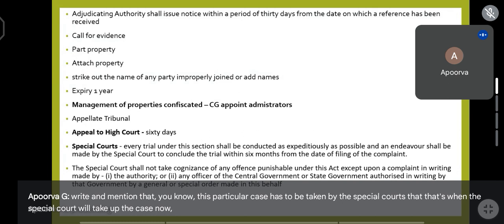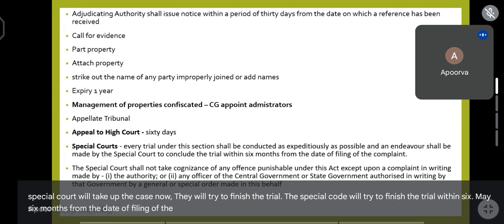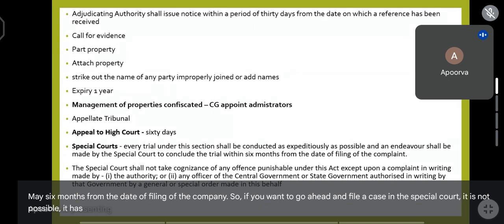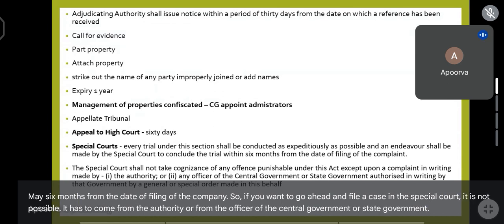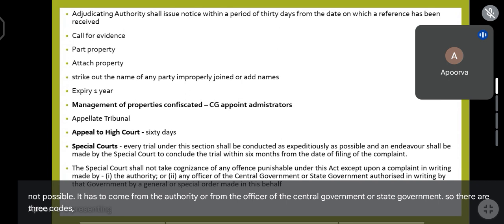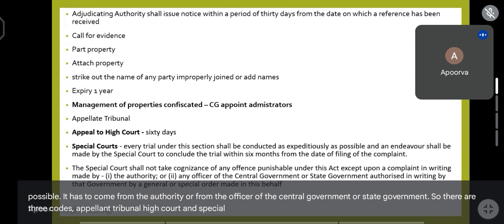The special court will try to finish the trial within 6 months from the date of filing of the complaint. So you cannot go ahead and file a case in the special court yourself. It has to come from the authority or an officer of the central or state government. So there are 3 courts: appellate tribunal, high court, and special courts.